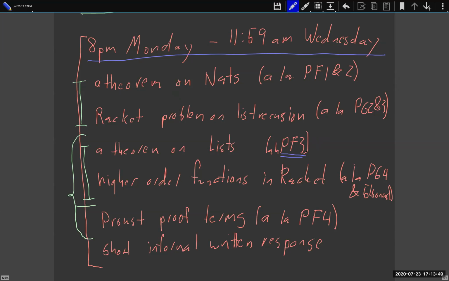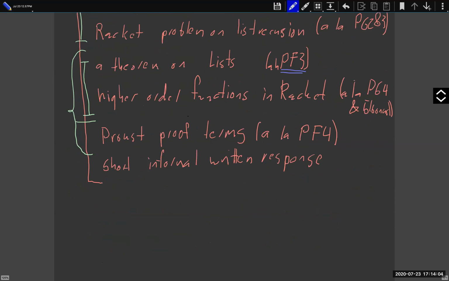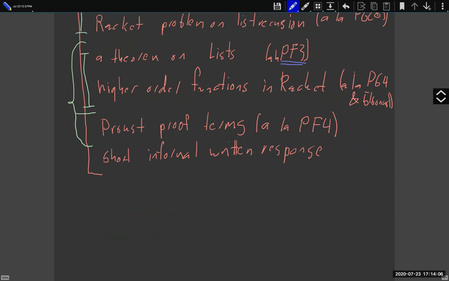Just a very quick question on PG4. Yes. Okay, so you give an example of some list, and I wasn't able to figure out what the symbol was after foldr. It says define some list, then it says foldr plus, and then a symbol list.